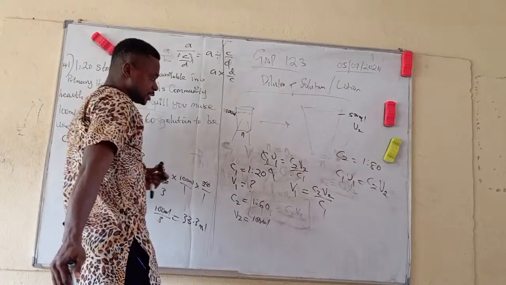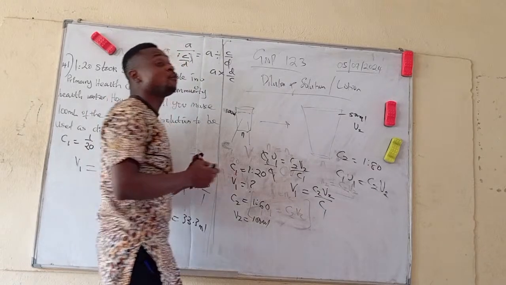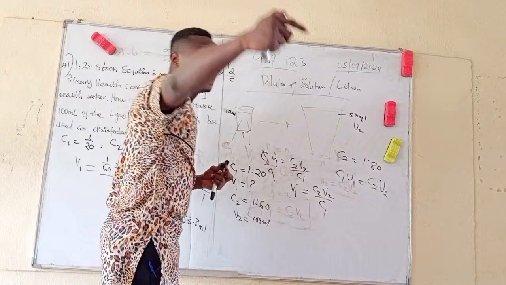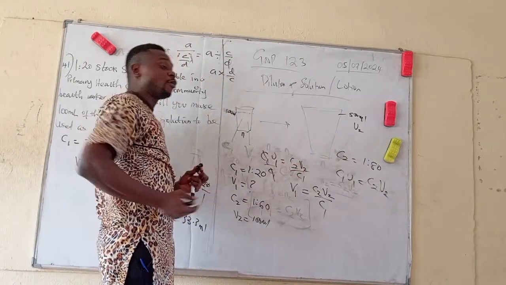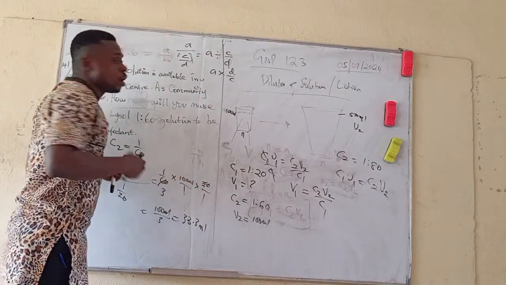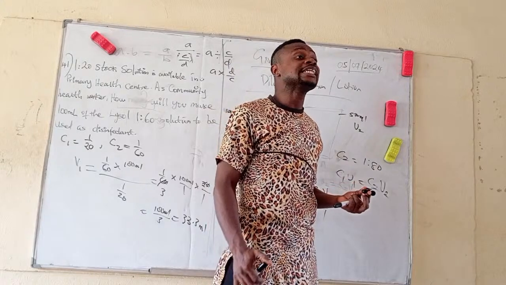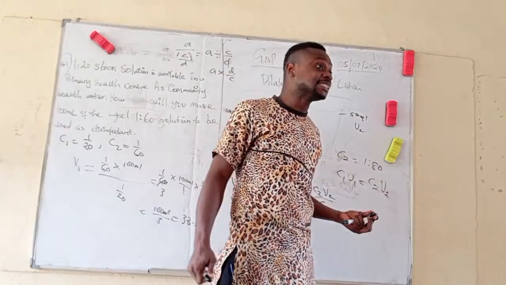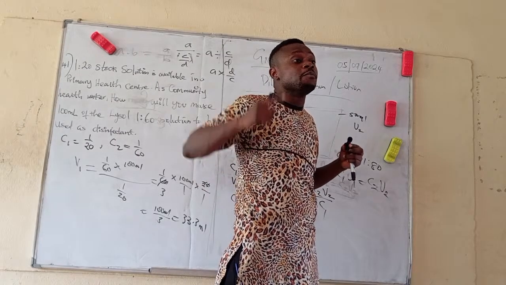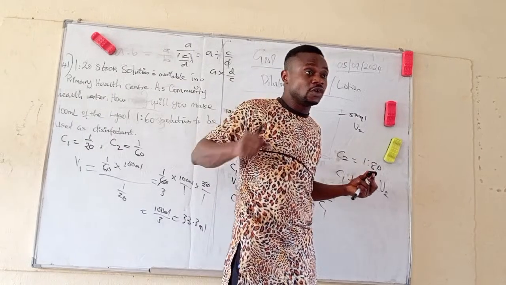If you understood this, all you need to do from the question, before you prepare a direct solution from stock solution, you must take a specific volume because you were not told. You cannot use all the stock solution you have, because they didn't even tell you the volume of the stock solution. They didn't tell you anything about it. So you just make V1 unknown, because you don't know the volume you take.